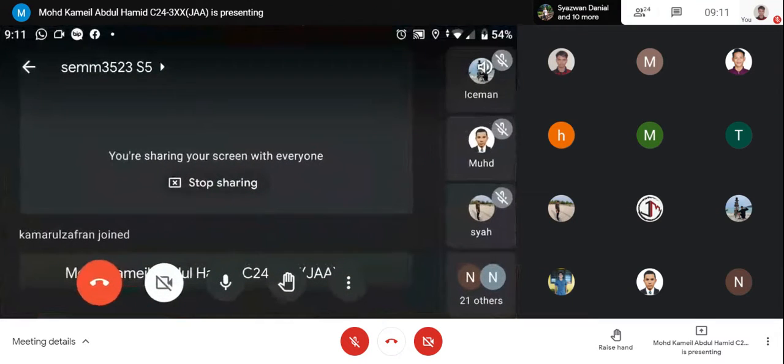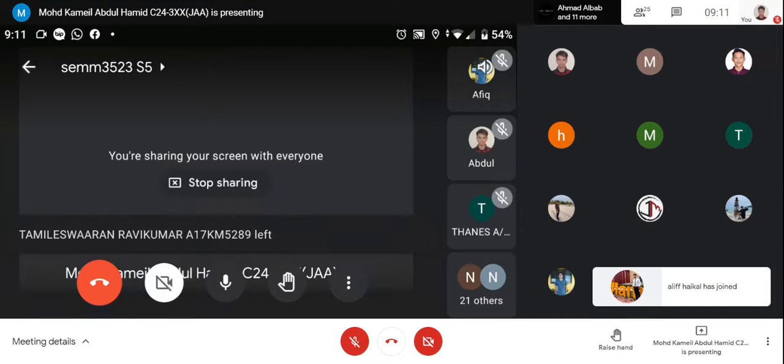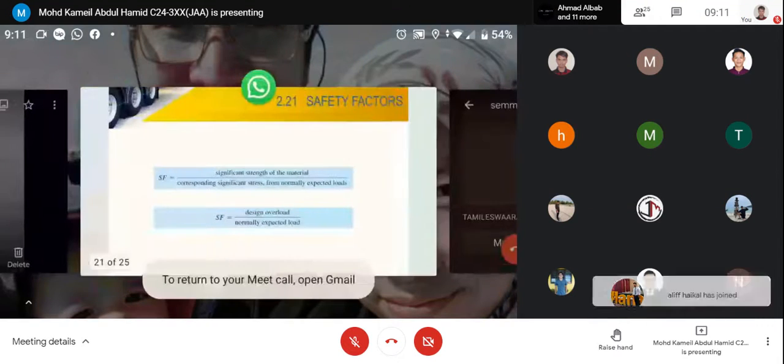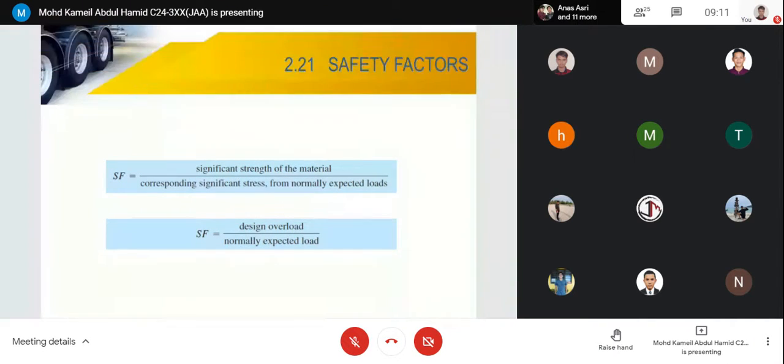So it's going to be divided, and then we can get the safety factor. Or we can also use this formula: safety factor equals design overload over normally expected load.